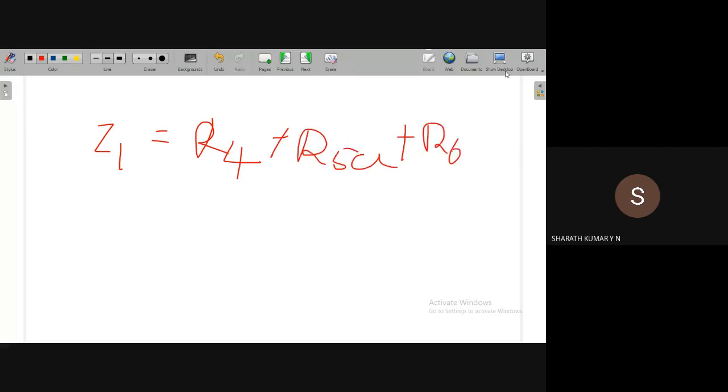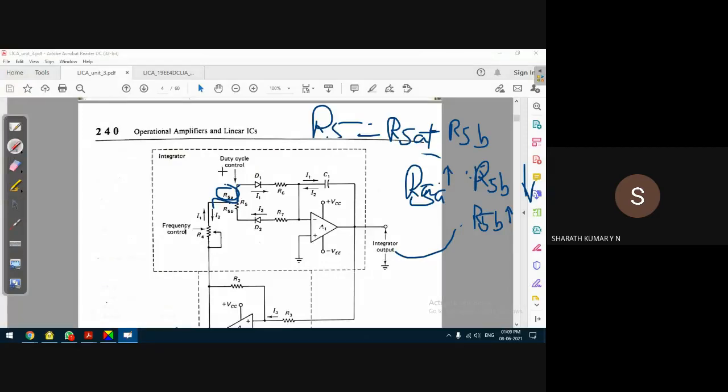What is R6? It is the fixed resistance in series with the diode, which is responsible for charging the capacitor.